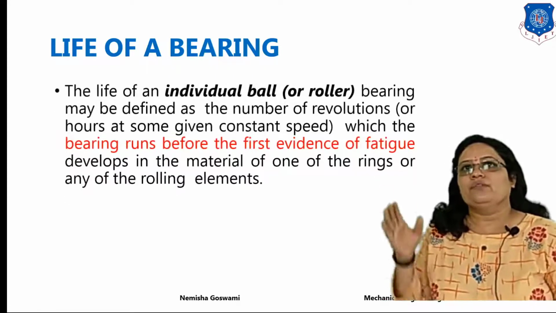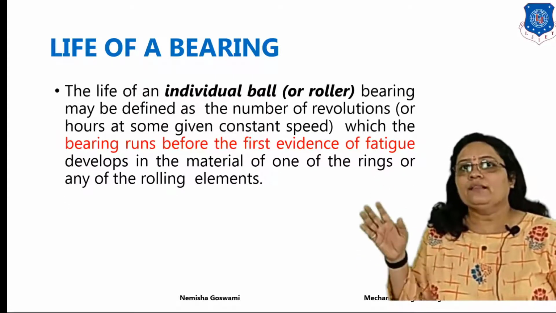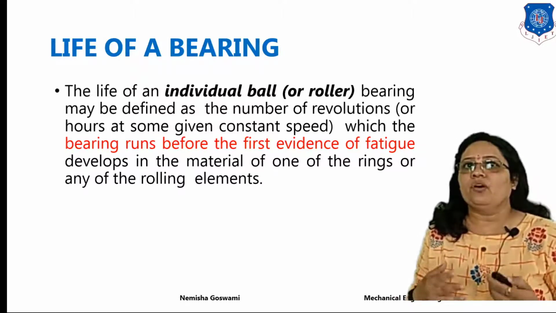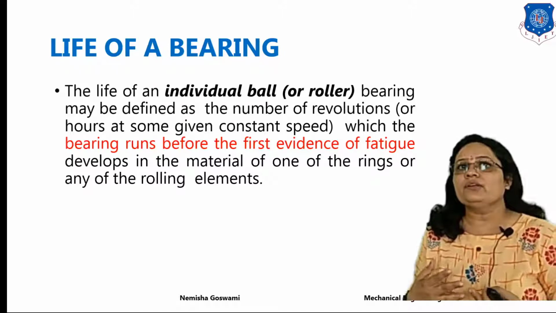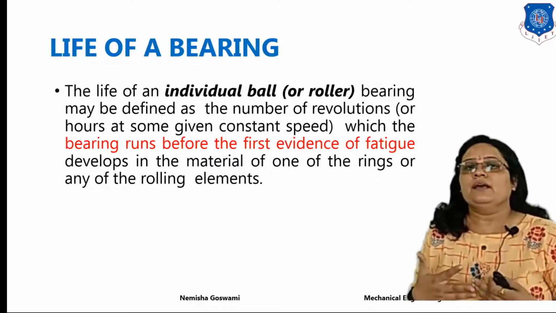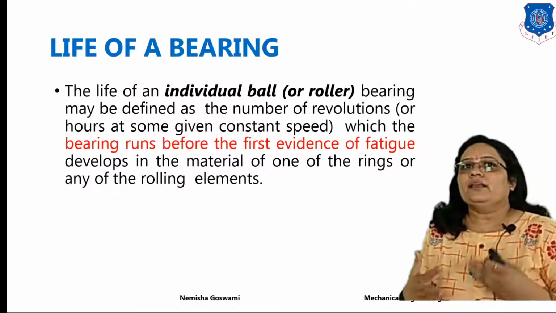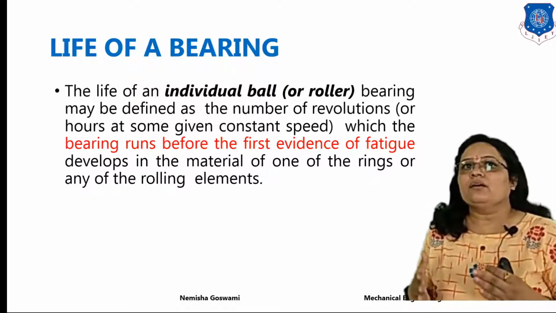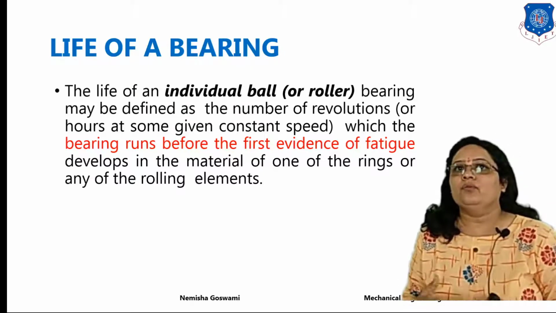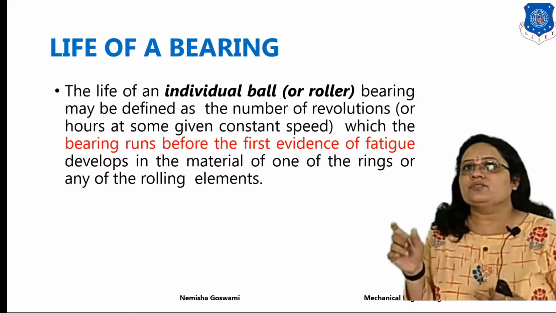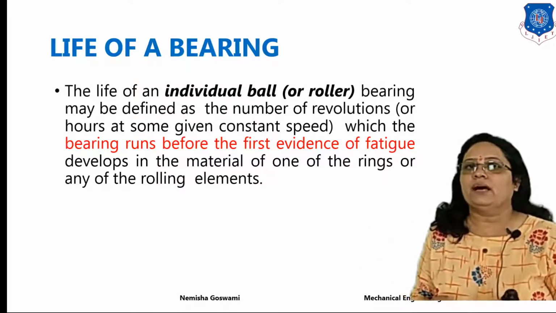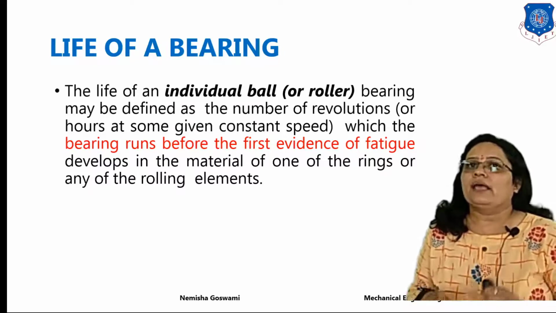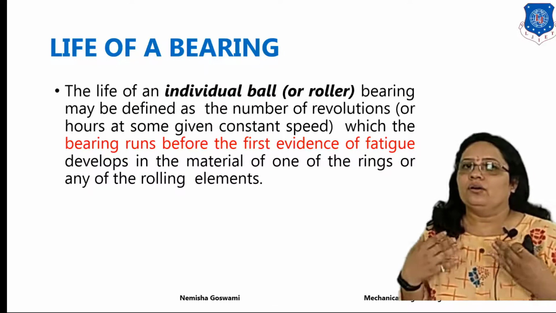Okay. So we have seen that the life of an individual ball or roller bearing is defined as the number of revolutions and number of hours that the bearing will successfully complete without first evidence of fatigue developing in the material of one ring or any of the ball or roller elements.